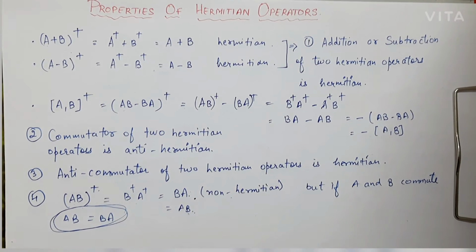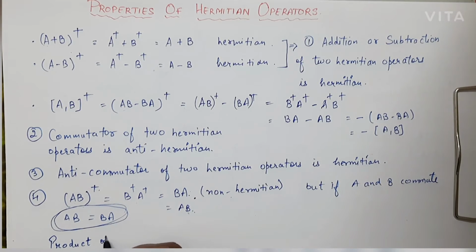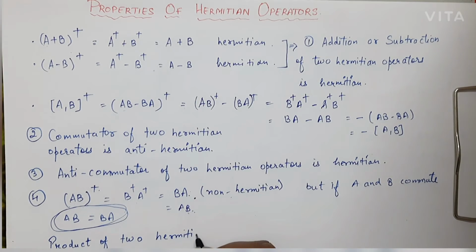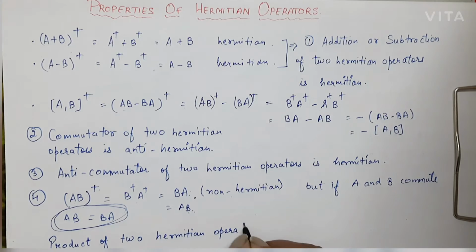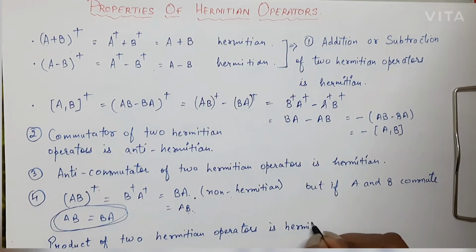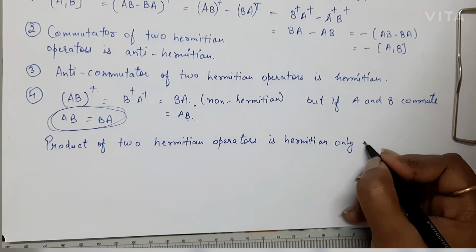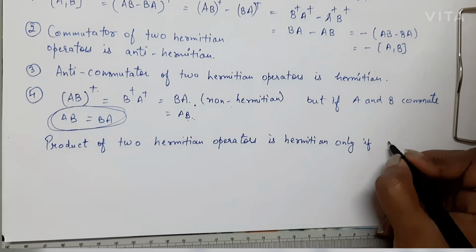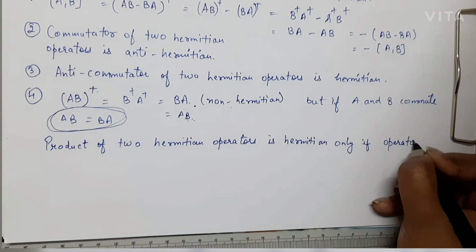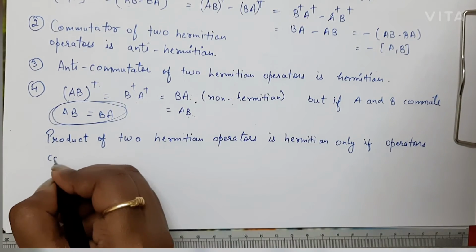If they commute, that gives rise to the next property, that is, the product of two Hermitian operators is Hermitian only if the operators commute with each other.